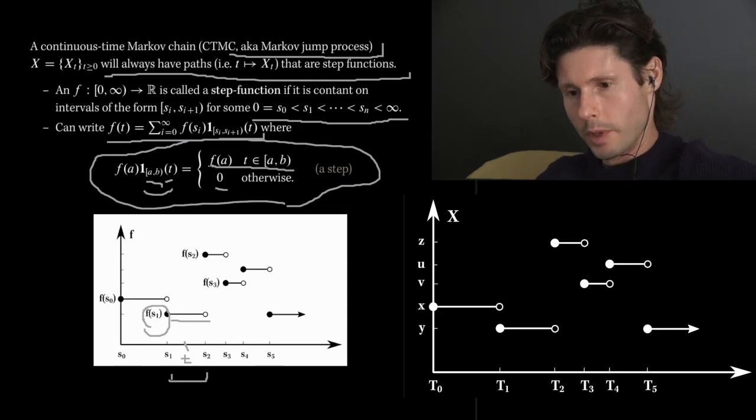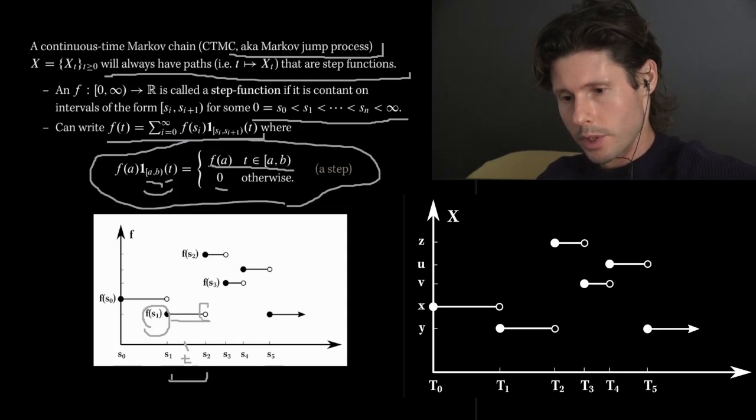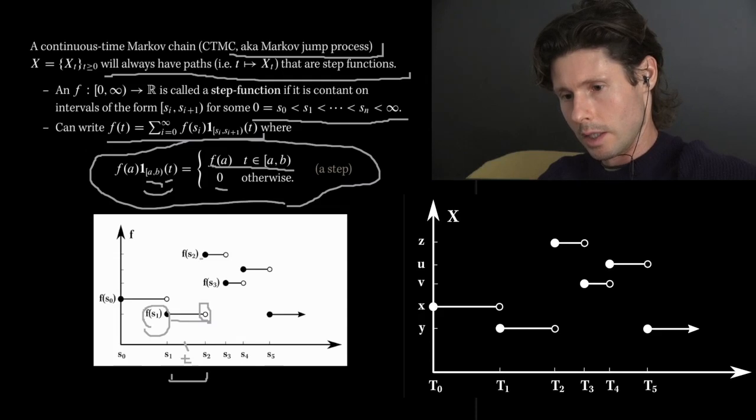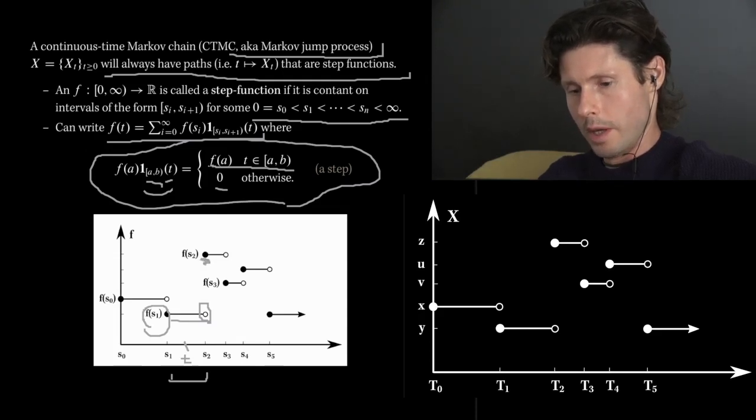The half-open nature of the intervals has to do with these filled in or open circles. Here, the open circle is saying the function doesn't have any value here. It's actually taking the value at time S2 up here, not down here. So that's a point of discontinuity where the value is always on the right-hand side of the interval.